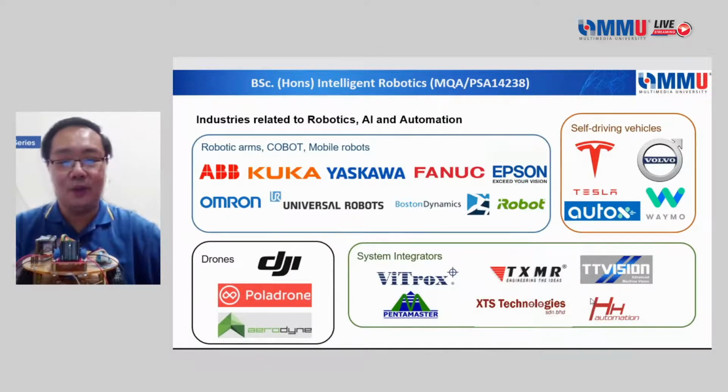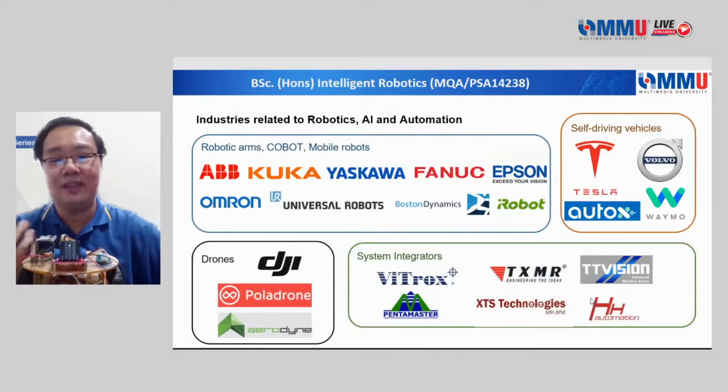All these system integrators also require a lot of knowledge workers in order to come up with the solutions. Last but not least, electric and self-driving vehicles are also related to these particular programs.